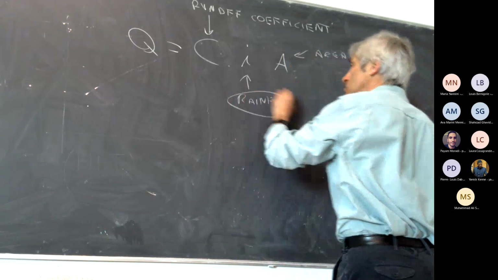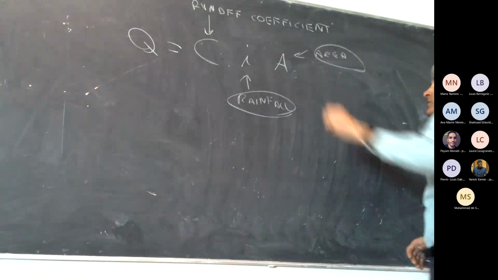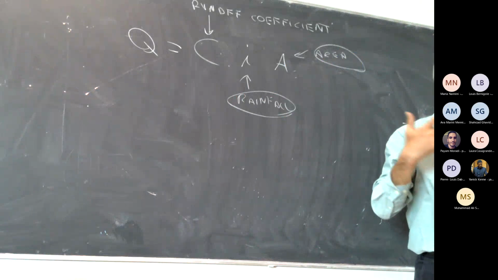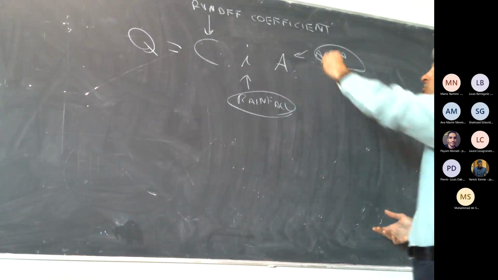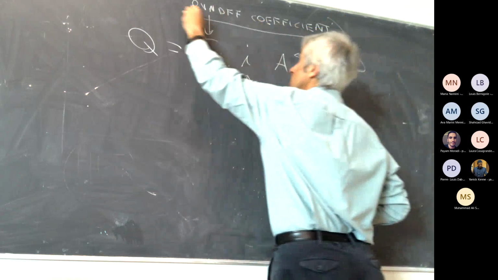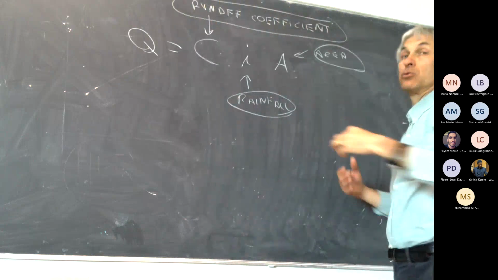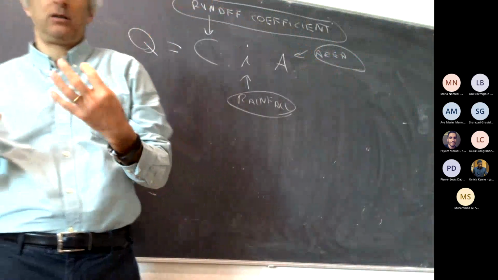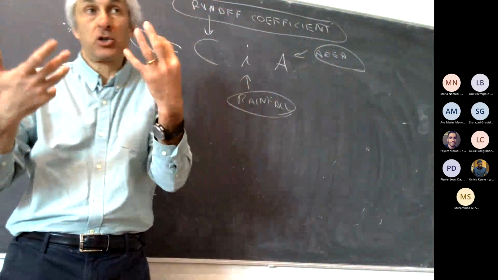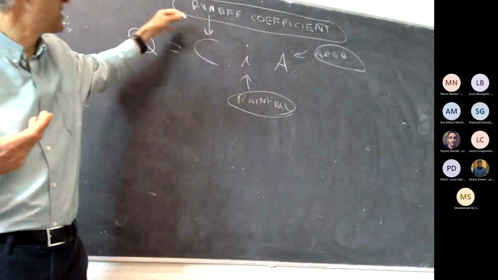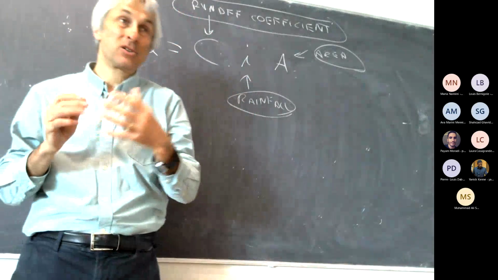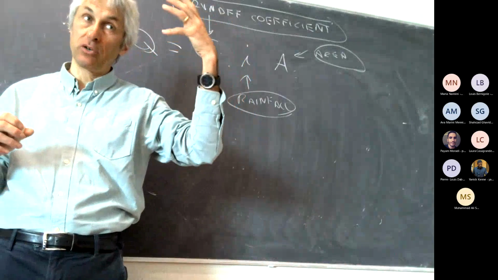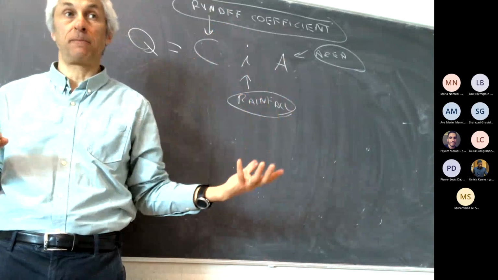You understand that these two have a clear physical meaning. They are physical entities. This one, C, can be associated to water losses, so it has some physical connection, but it is not so clear physically, and therefore we call it coefficient or parameter.